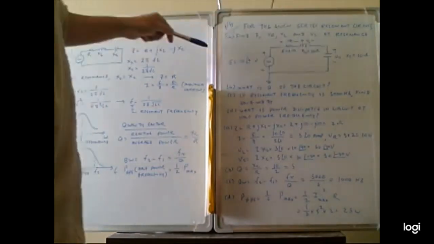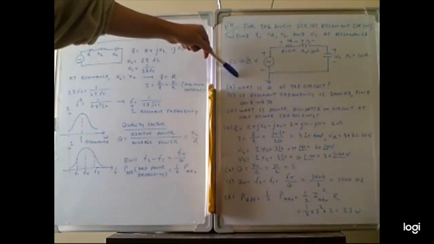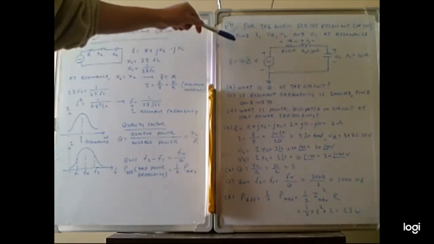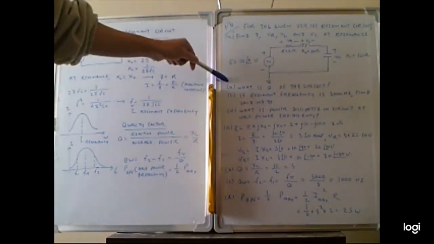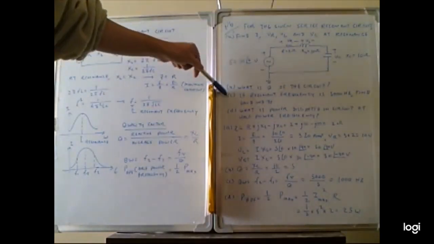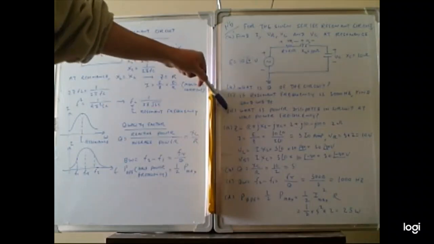They are connected in series. We also have to find the Q of the circuit. The resonance frequency is 5,000 Hz. We have to find the bandwidth, the power dissipated in the circuit, and the half power frequency.